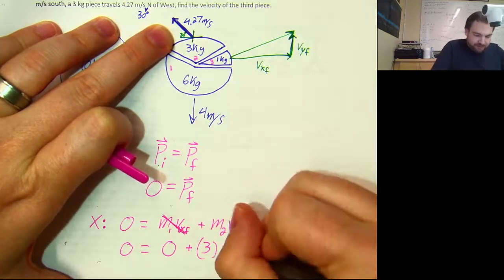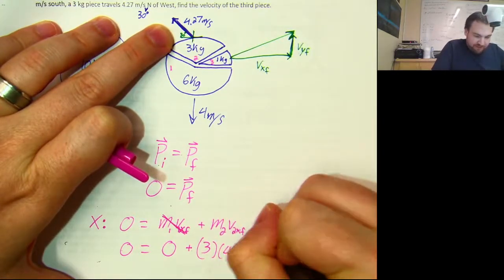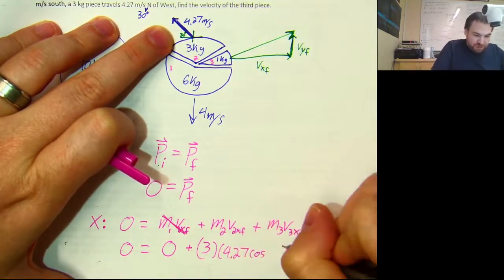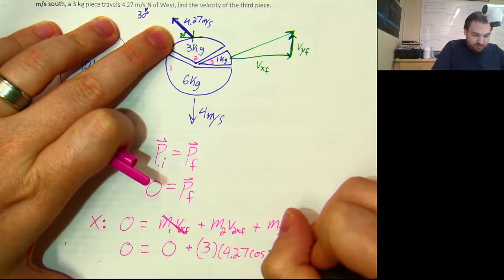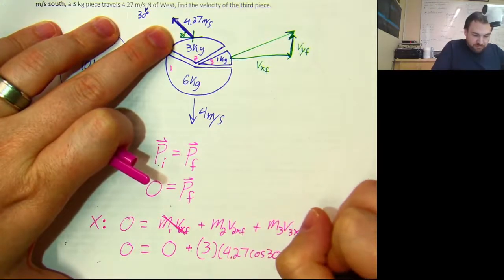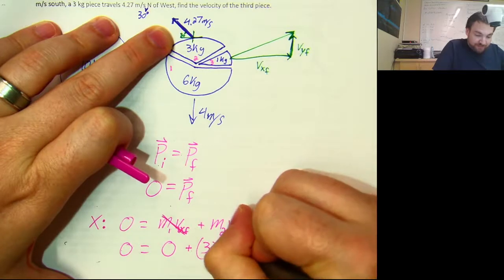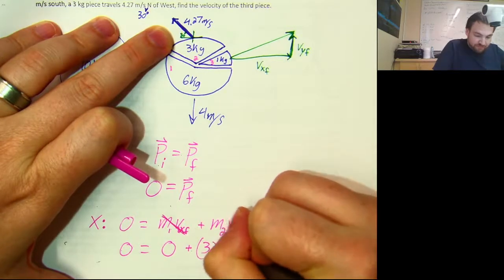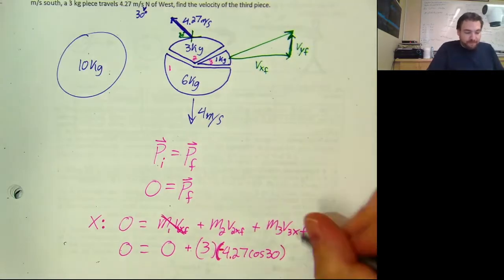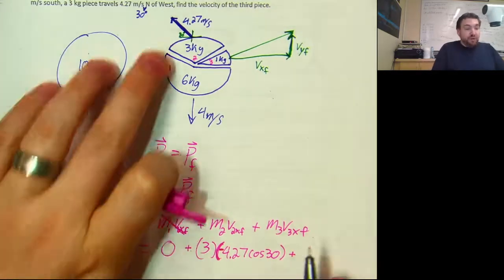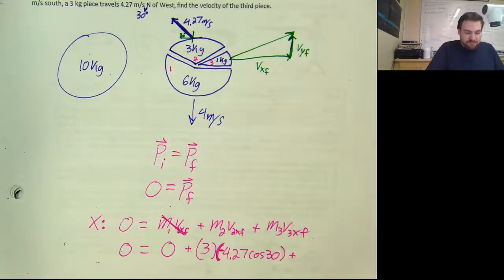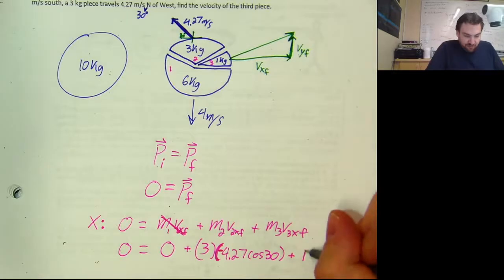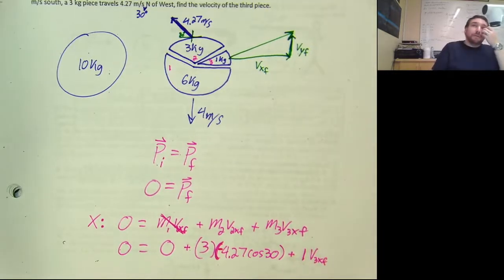This is going to be 4.27 cos 30. Yes, and it should be negative, plus, because we know it's moving to the left. Plus 1 v3x final.